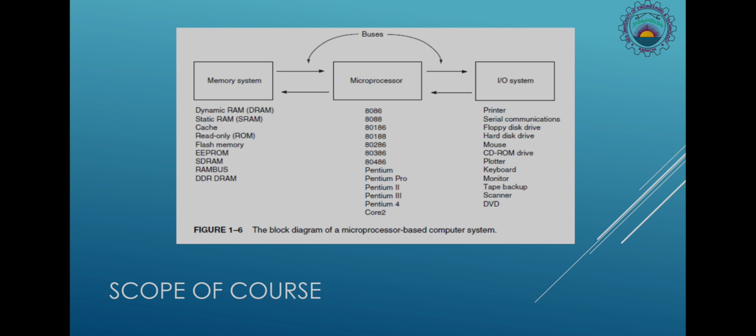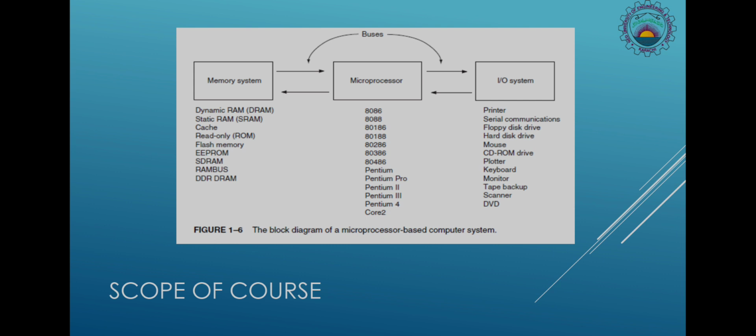Whenever the microprocessor wants to communicate with the memory system, it uses its buses, and there are three types of buses. First one is the address bus, second one is the data bus, and third one is the control bus.